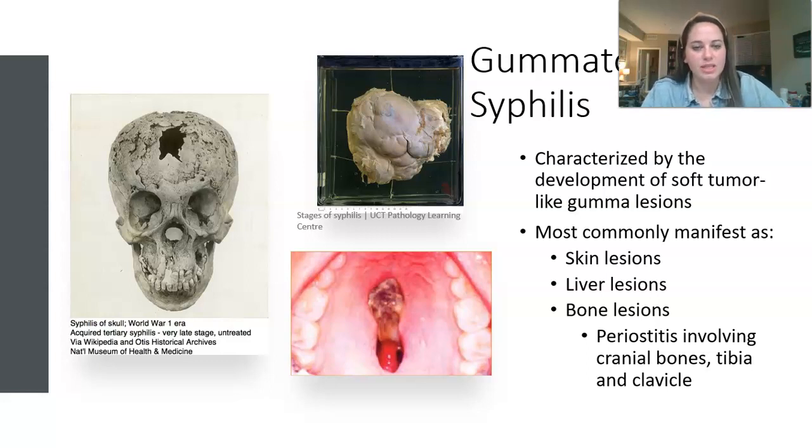And most commonly, they manifest in the skin, liver, seen in this image up here, in the bone, that can be seen here in the hard palate, as well as this image of a World War I era skull. The gumma with the T. pallidum eats away at the bone, and you can see just the devastating destruction of this bacteria.